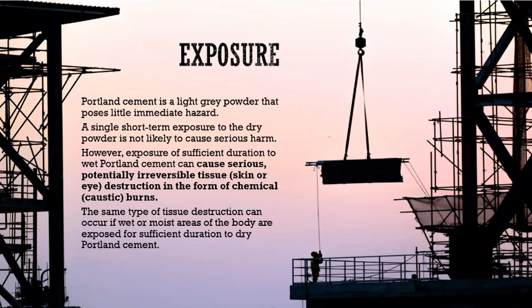Now, if we do get caustic burns to our hands, this could potentially be irreversible. Another irreversible situation is when we get this in our eyes and we burn our eyes, causing blindness.